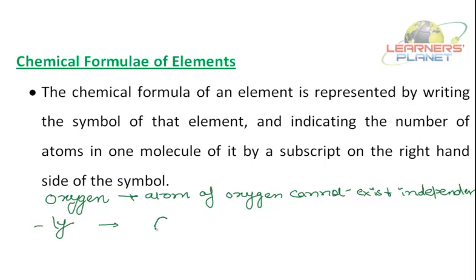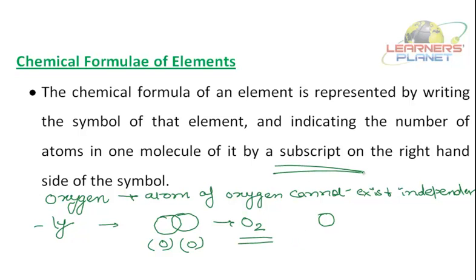So, two atoms of oxygen combine and they form an oxygen molecule. So, how is oxygen represented? The symbol for oxygen, that is O, followed by the subscript. This subscript indicates the number of atoms. So, it's 2.